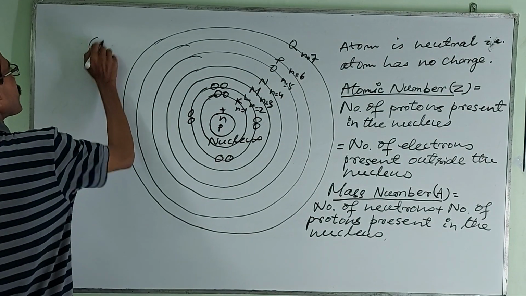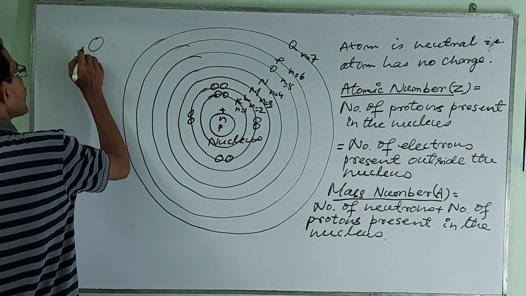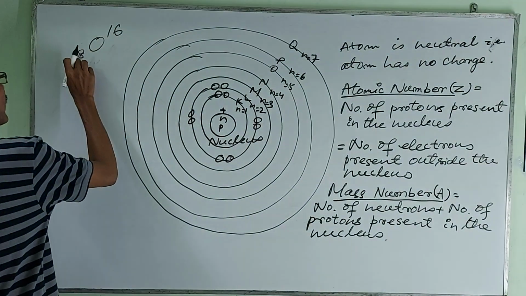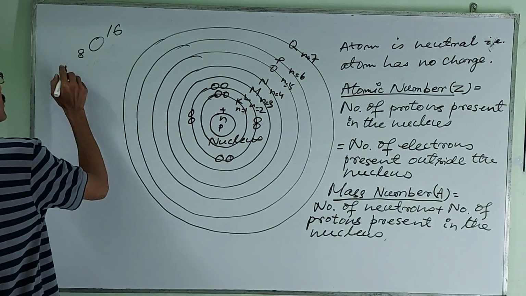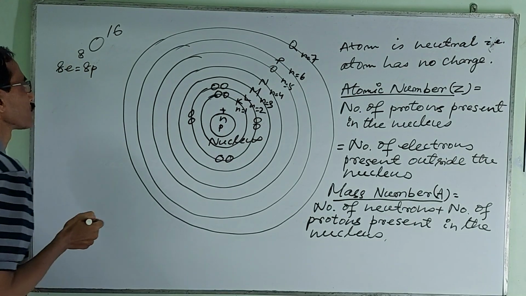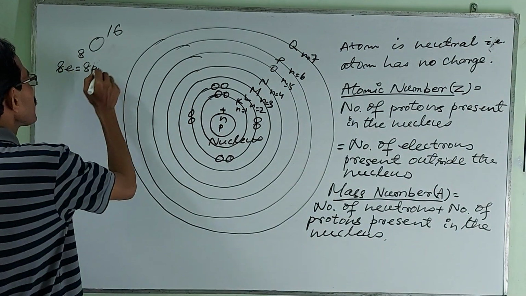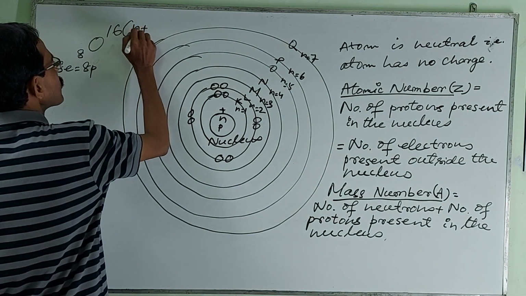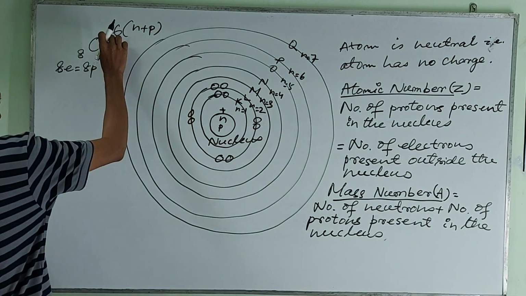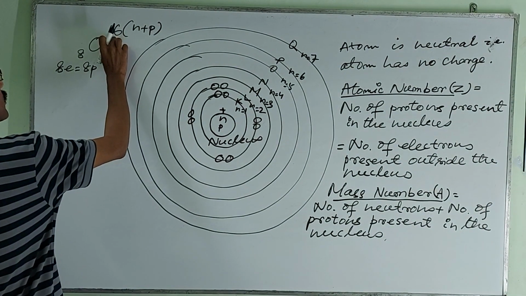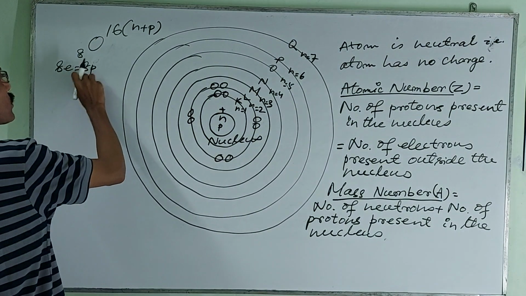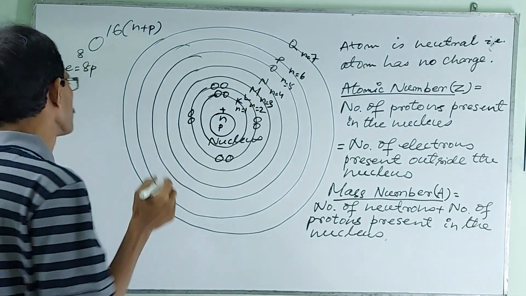This is oxygen, whose atomic number is 8 and mass number is 16. Atomic number 8 means in the atom of oxygen there are 8 electrons and 8 protons. And mass number 16 means the number of neutrons plus protons. So from the mass number, if you subtract the atomic number, or the number of protons, you will get the number of neutrons.